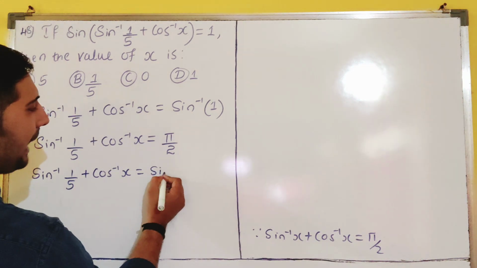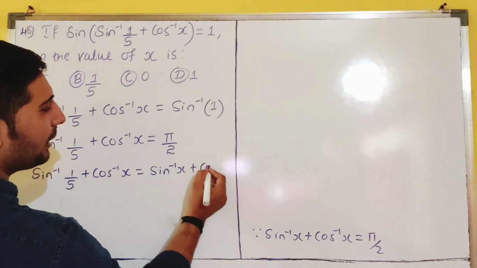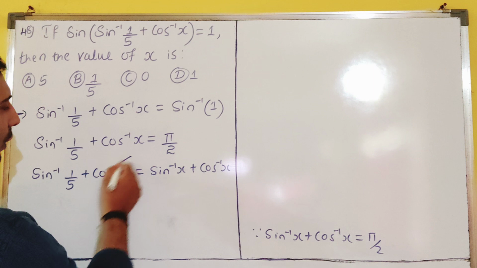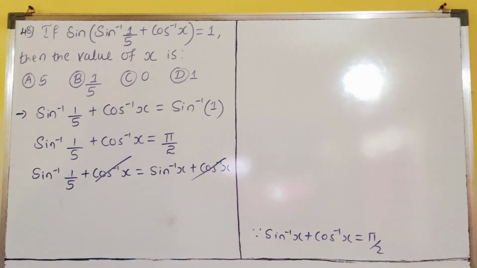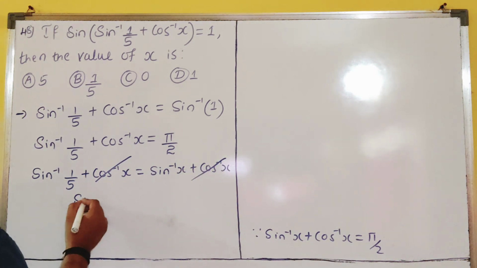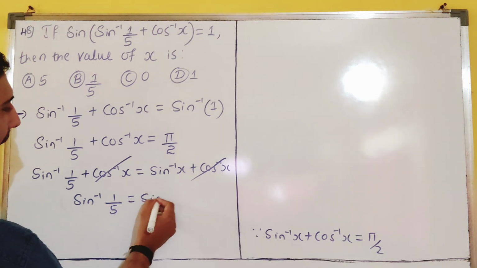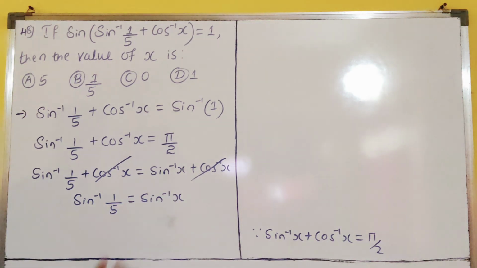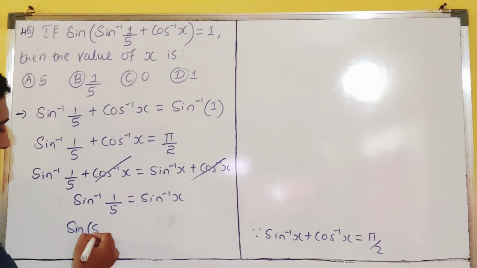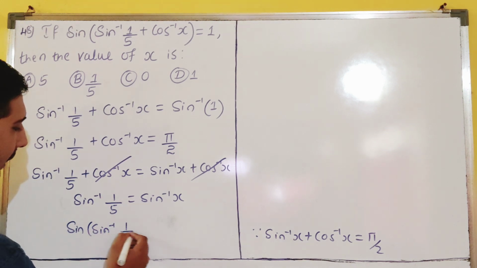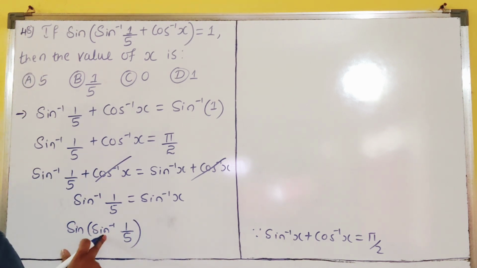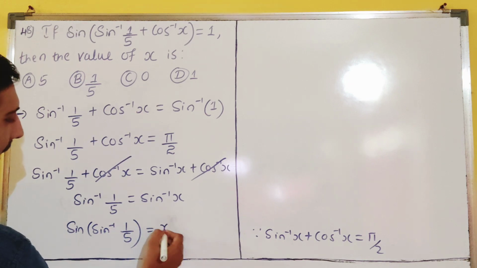So pi by 2 means I can write sine inverse x plus cos inverse x. So cos inverse x gets cancelled. We are remaining with sine inverse of 1 by 5 equal to sine inverse x, dear students. If I take sine inverse on LHS, it will become sine of sine inverse 1 by 5 is equal to x, I can write.